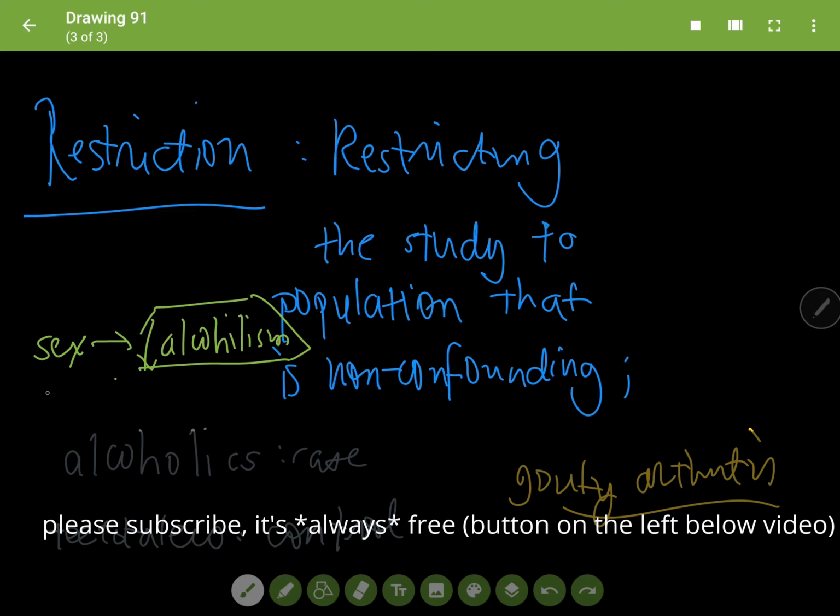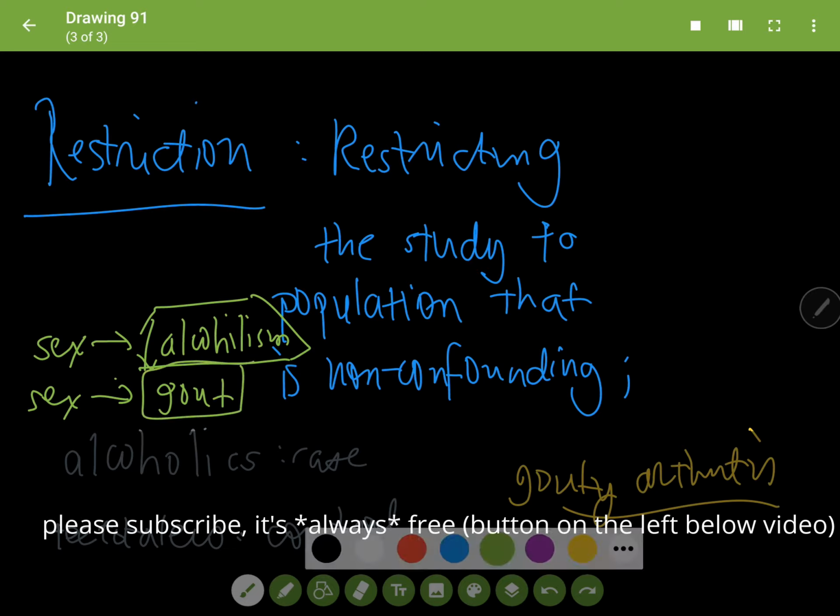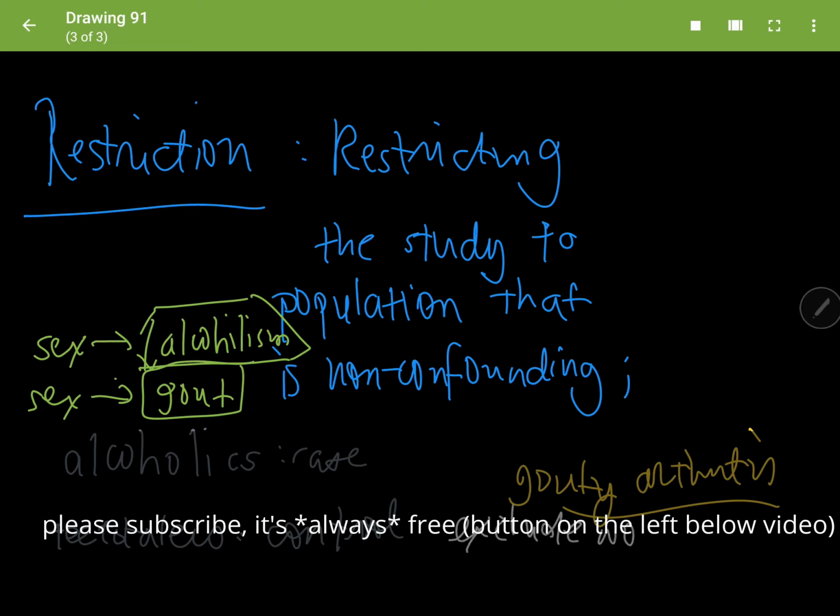And you also have the effect of sex on the incidence of gout because of the protective effect of estrogen. So in order to make an effective study, you would exclude the subpopulation of women. So that's your remedy. So you're restricting women from your study.